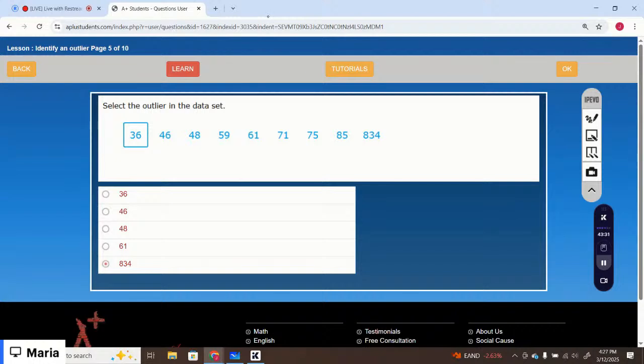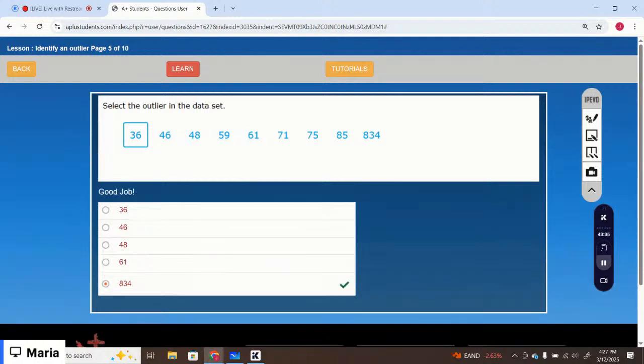Option number 3, the last one, is the correct option.